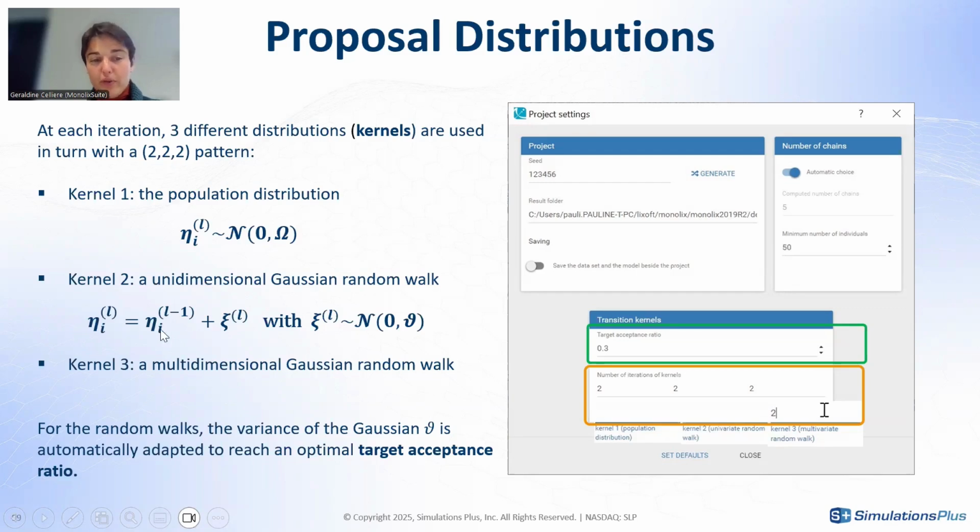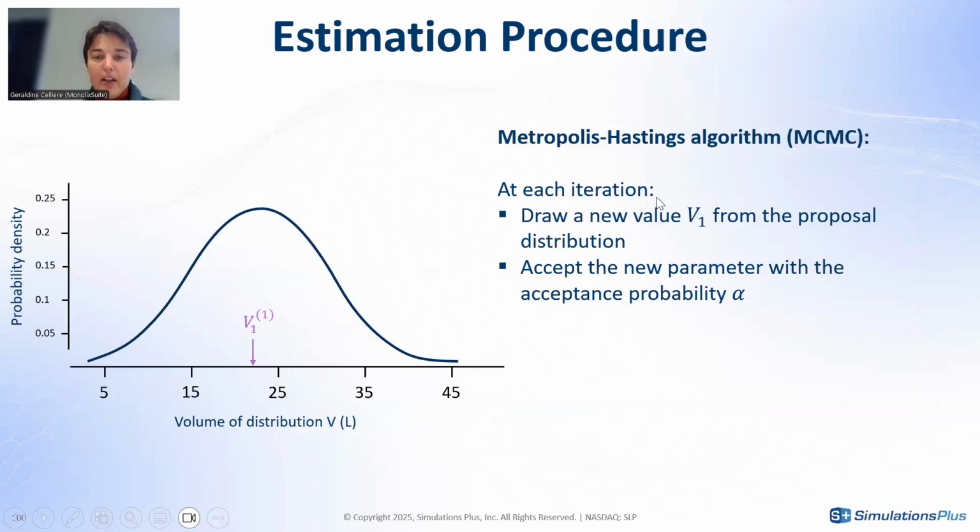So from the previous candidate value, we do a small perturbation and then see if the new candidate is accepted or not. And we can either do that parameter per parameter or in a multi-dimensional way with all parameters at the same time. So from experience, we have seen that the best pattern is to sample twice from this, then twice from this, and then twice from this, and then repeat this over and over again.